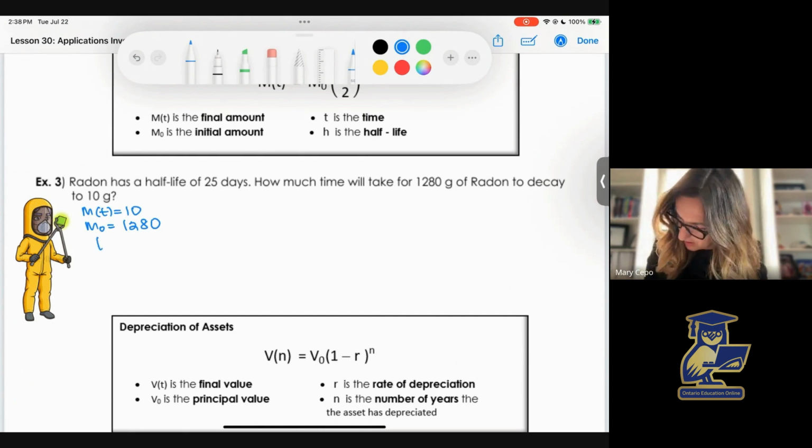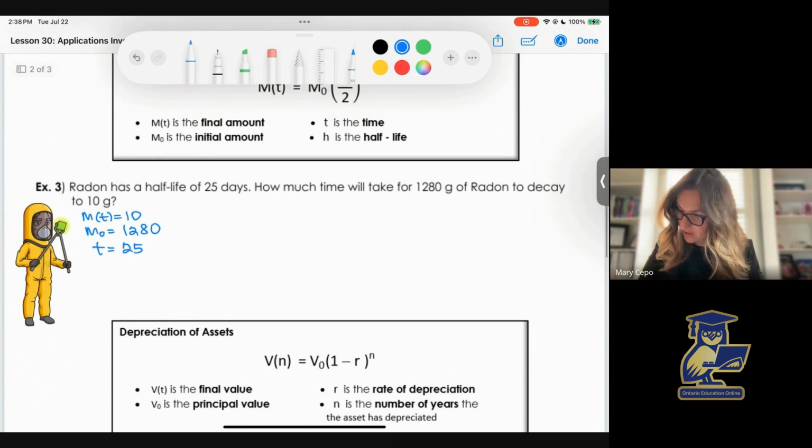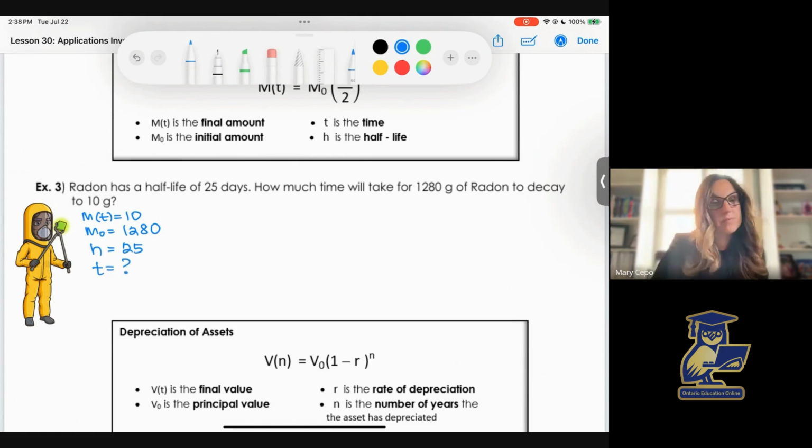We know the half-life, not time, half-life, sorry about that, is 25, and we want to know what the t is. By using our formula, M at t, 10 is equal to the initial amount of 1,280 times the base of 1/2, all to the exponent of t over 25.